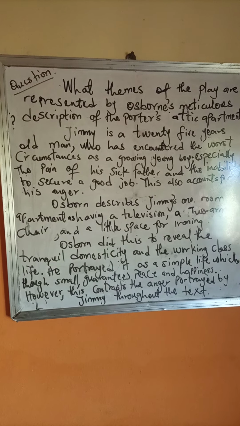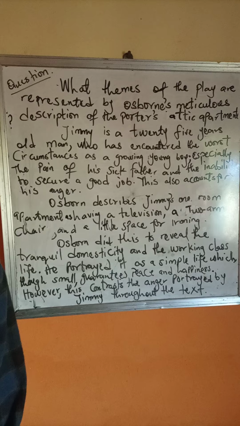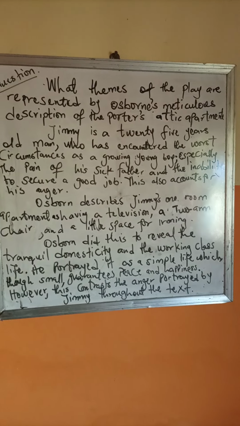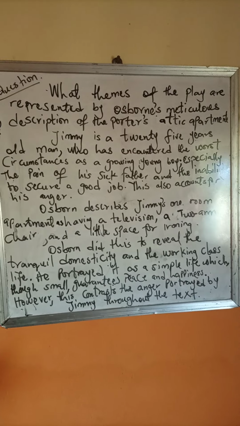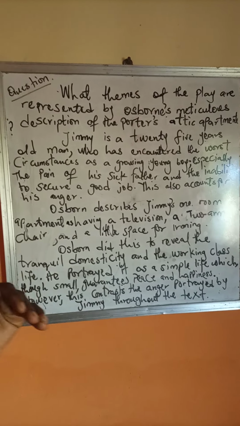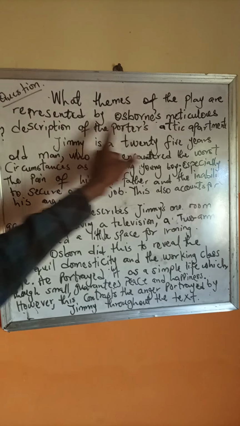This also accounts for his anger. So, in my first paragraph, I talked a little bit about the character that I can identify in this question, which is who? Jimmy.